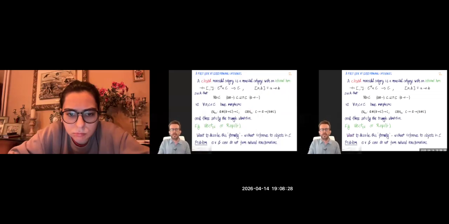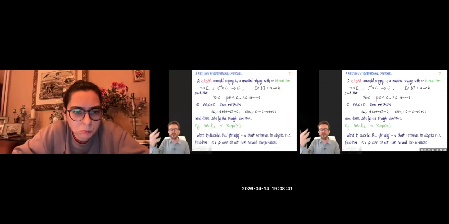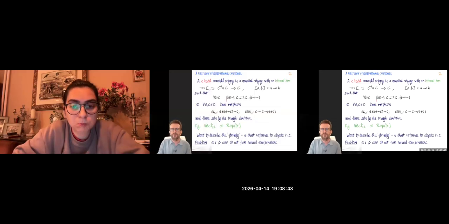So that's what we want to do here. We want to describe this formally without reference to objects in C. We would like to describe it as a functor with a natural transformation satisfying some properties, etc.